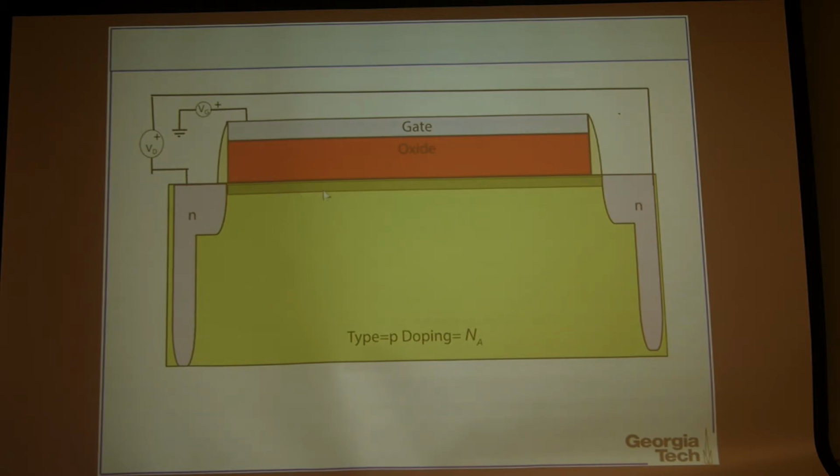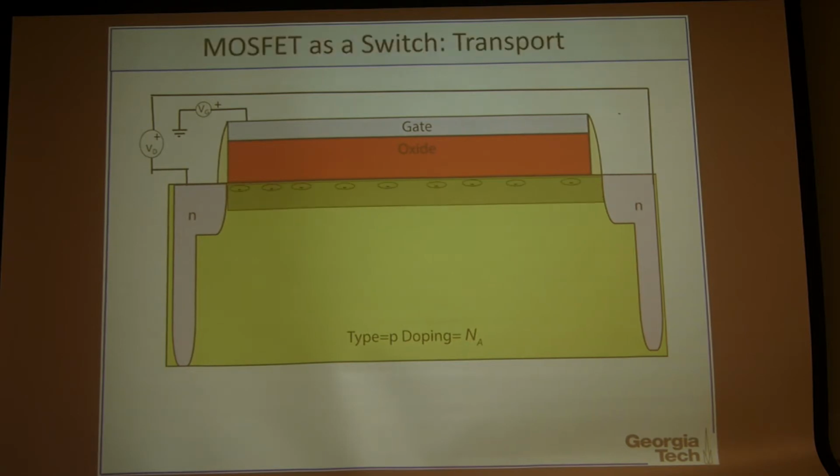The holes are pushed away, so you have the Na minus there. And then we keep increasing the gate voltage to the threshold voltage. We will create this inversion of the electrons to the surface. So this is what we have discussed in the previous lecture.